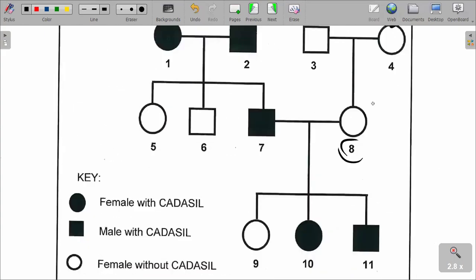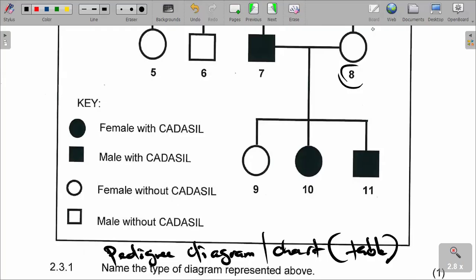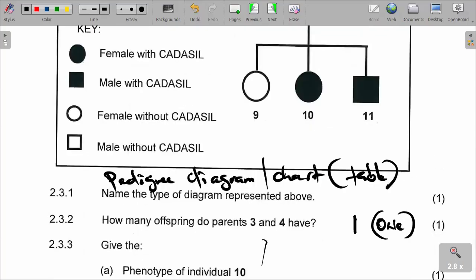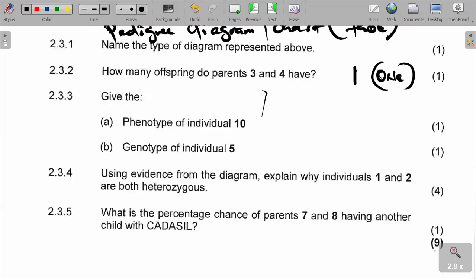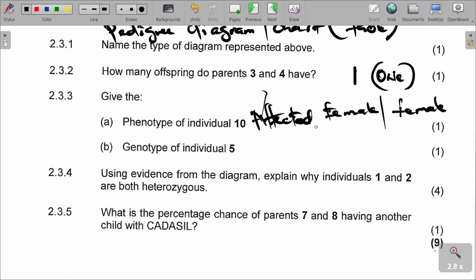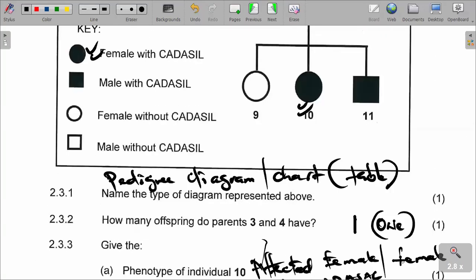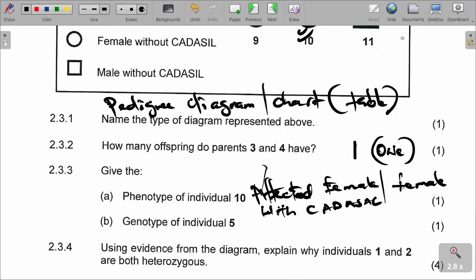The phenotype of individual 10 is an affected female, a female with CADASIL. It's a female with the CADASIL condition.